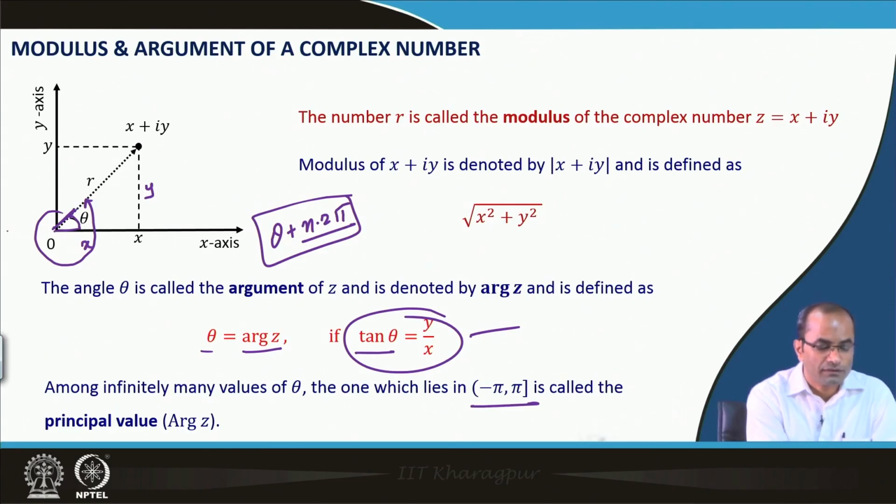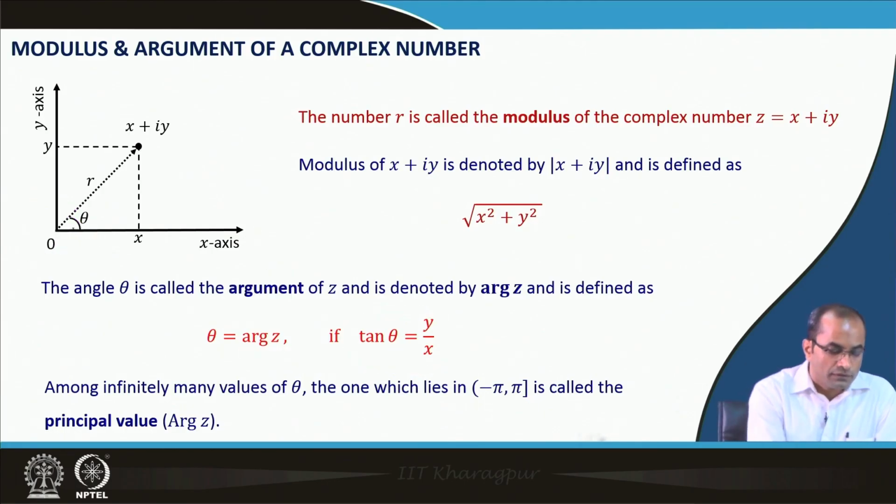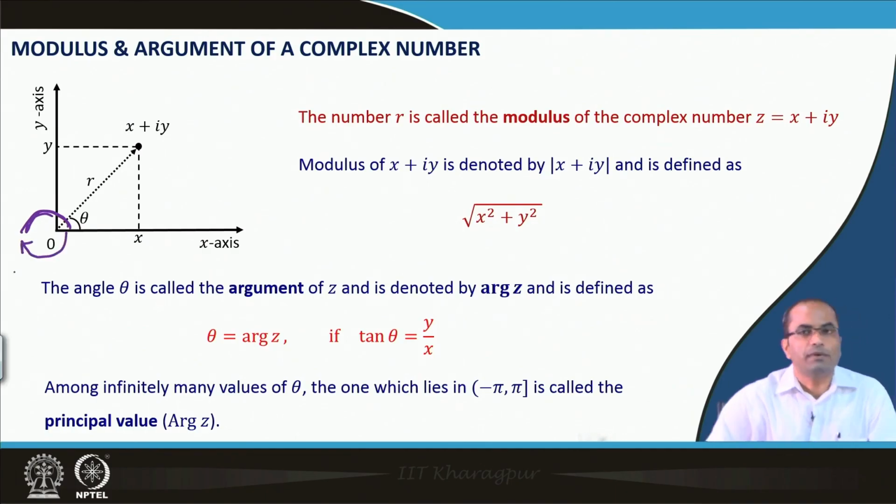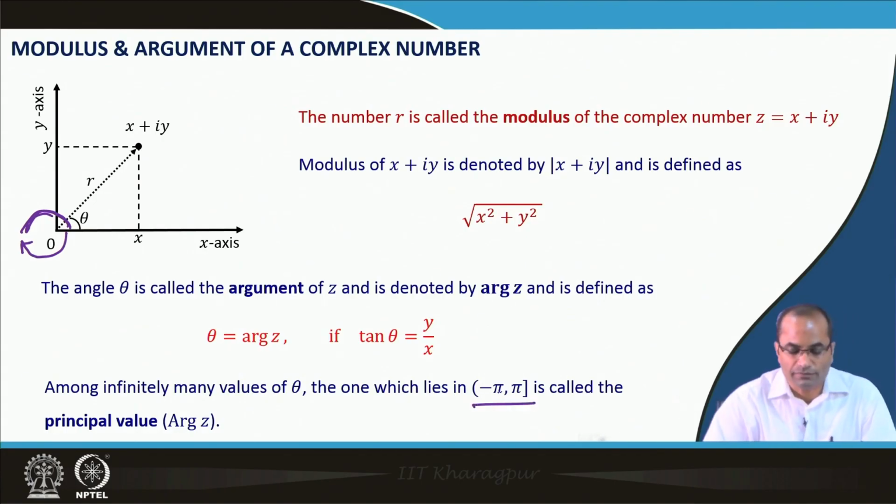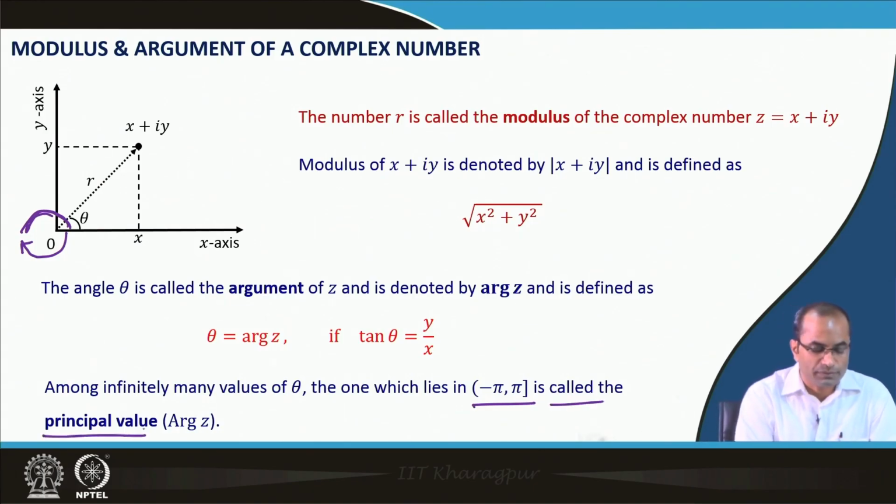So, if theta goes from the x axis up to pi, the angle coming here from 0 to pi, we will take that, and otherwise in this direction we will go with minus 0 to pi. So, any theta we can have between minus pi to pi, and this is what we call the principal value.